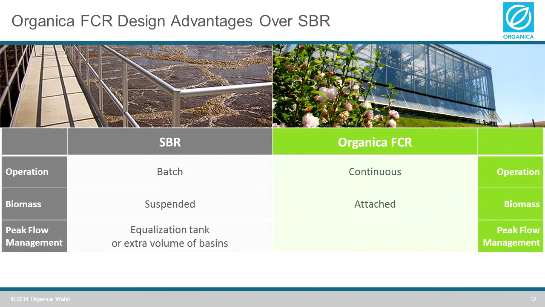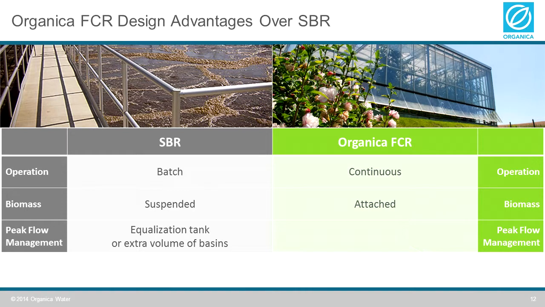In addition to this, due to the batch operation, in some cases, there is also a requirement of an equalization tank downstream of the basins to offset the peak generated by decanting only 3 or more times a day. This offset in the downstream peak is required to keep the sizing of the disinfection, filtration, or any other operation downstream of the basins to an appropriate size.